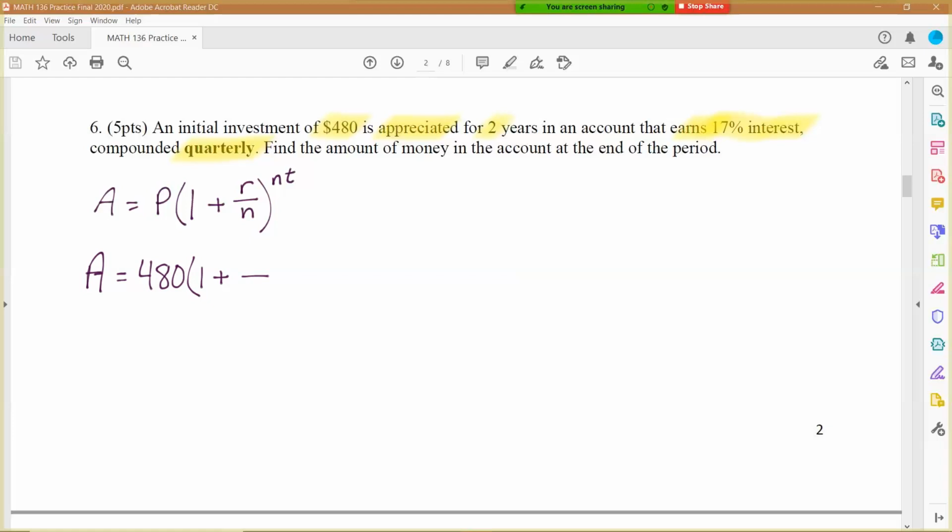So we're going to do what with this? We're going to write 17 on top? No, what do we have to do with the percent? You knew what you were doing. Yep. 0.17 for 17%. N represents the number of times it's compounded in a year. How many times is quarterly? 4. So I'm going to write a 4 underneath that.